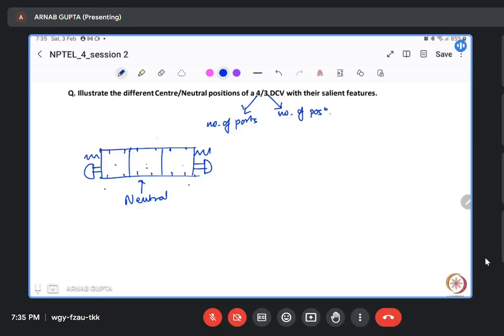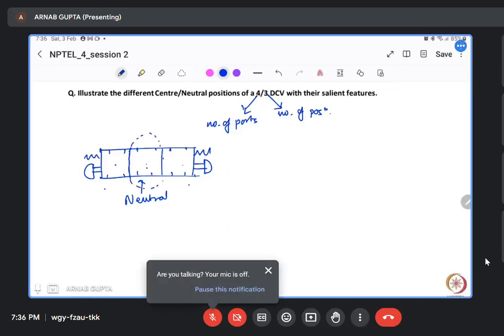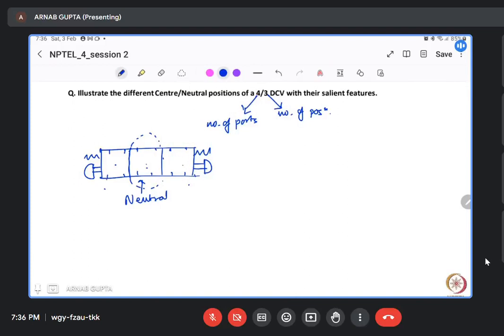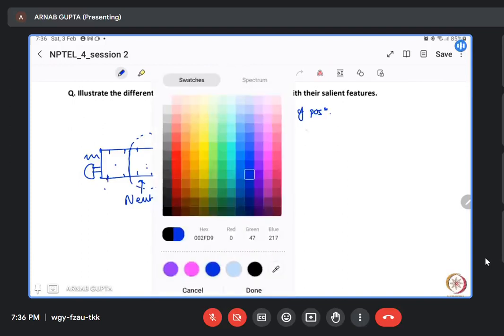Always remember this is the neutral position: when you are not activating it through any external mechanism, this position will be held in the circuit. So what are the 4 ports that we are talking about here? One will be your pressure.